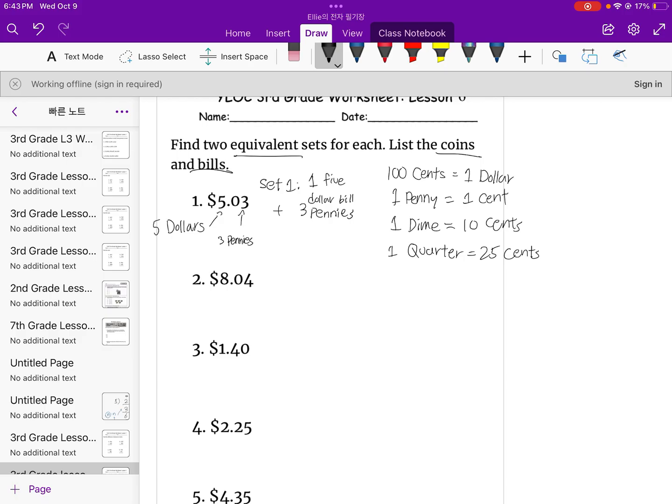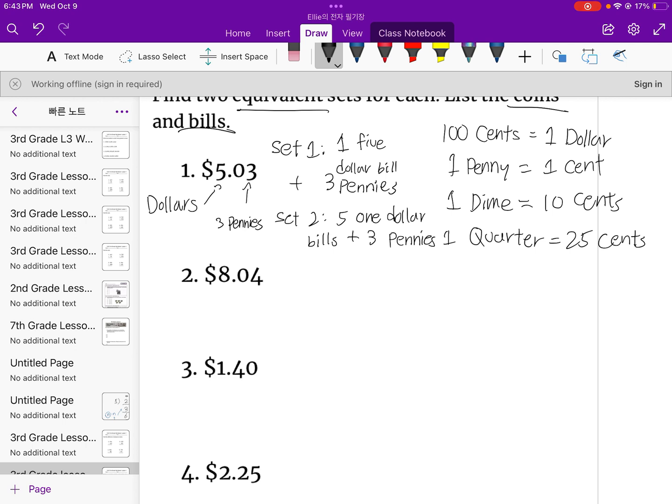And for set 2, we can write it as 5 $1 bills instead of just 1 $5 bill. Then just 3 pennies again. So that's the answer. So there can be multiple answers in this case.